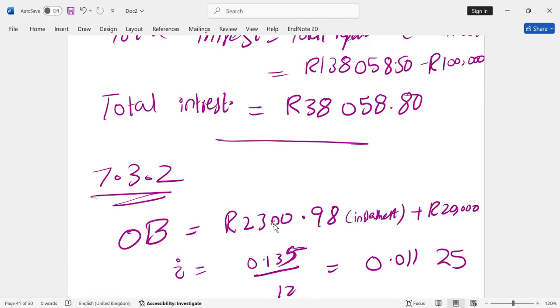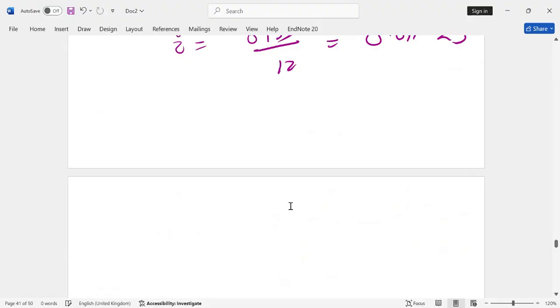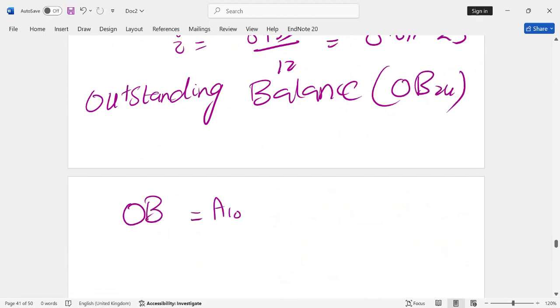So how do you calculate the OB, the outstanding balance? Okay. How we can write outstanding balance, you can write OB 24. Okay. So the formula is OB equals A loan minus F installments.